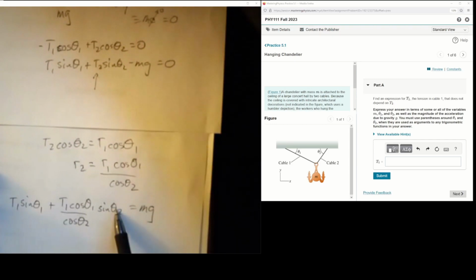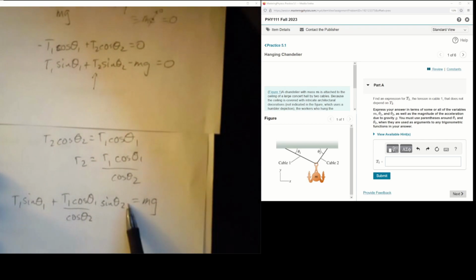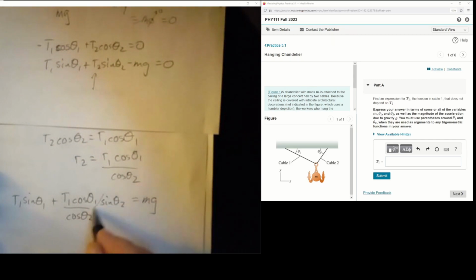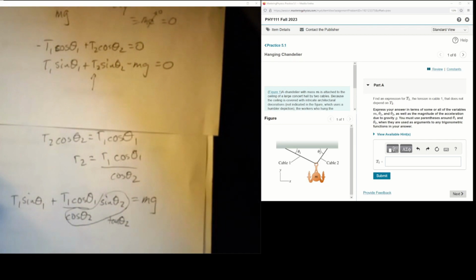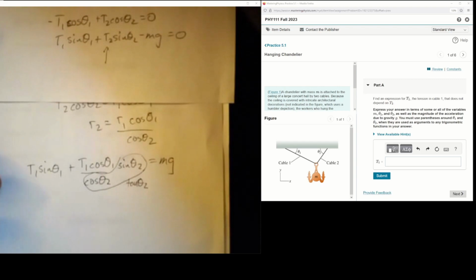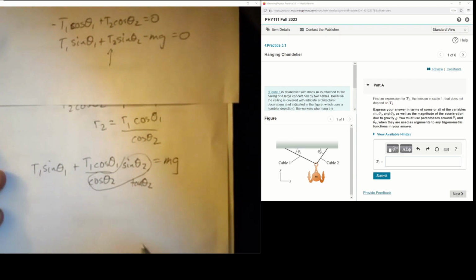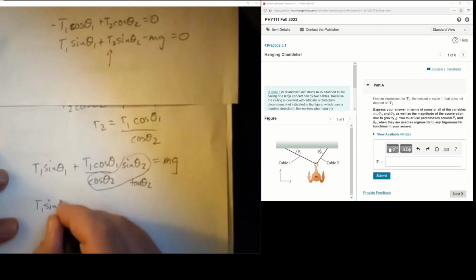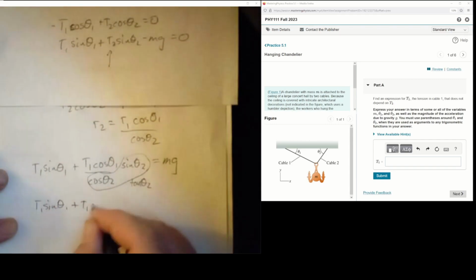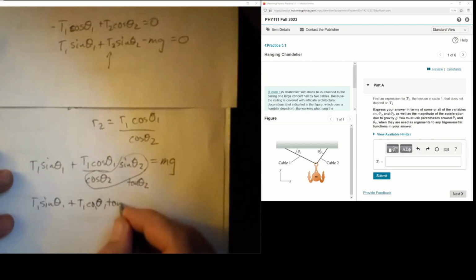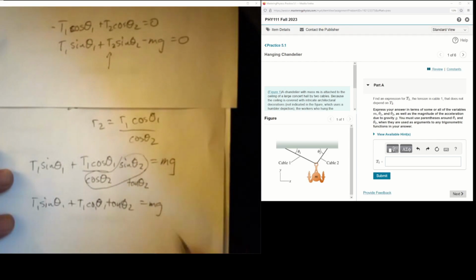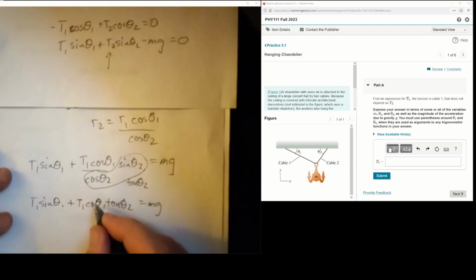And sine divided by cosine, theta 2, is tangent. And we're solving for T1. So we've got T1 times sine theta 1 plus cosine theta 1 tangent theta 2 equals mg. That's a terrible cosine there.